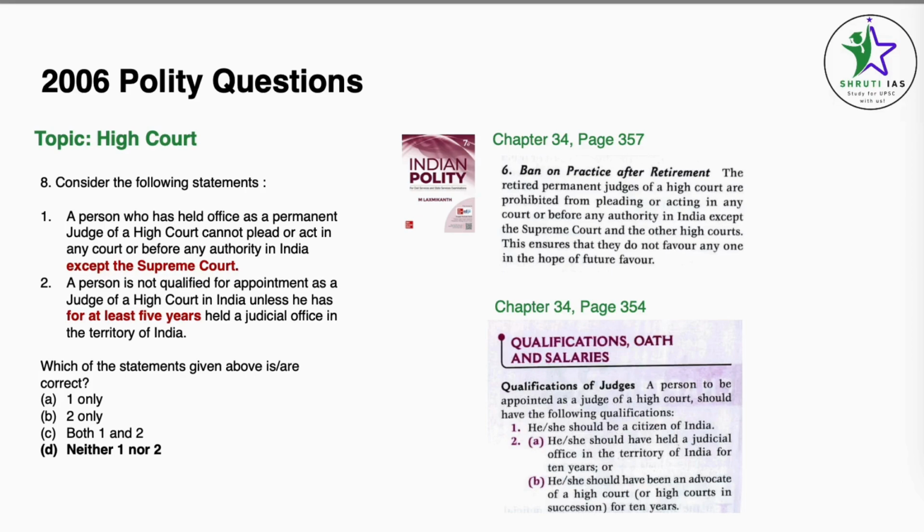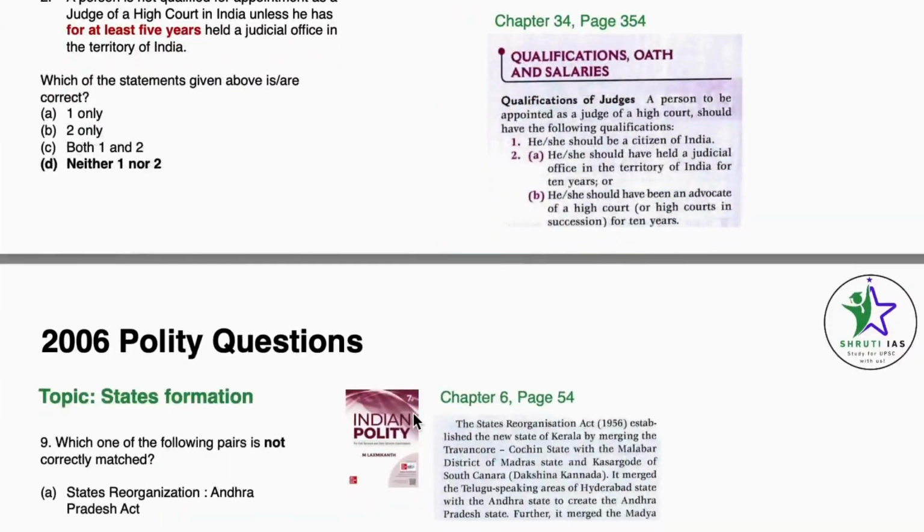For point number 2, if you look at qualifications, page number 354, again the same chapter, chapter 34, high courts. If you read point number 2, point A, he should have held a judicial office in the territory of India for 10 years. In our option, it's given 5 years. So again, this is incorrect. Our answer becomes neither 1, neither 2.